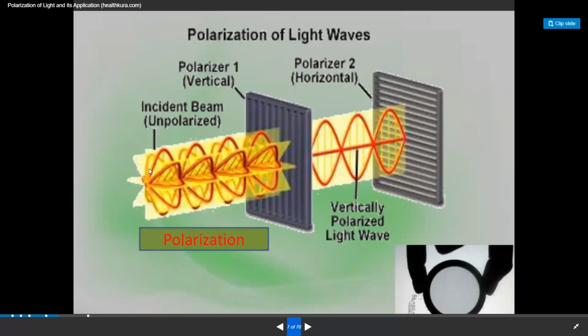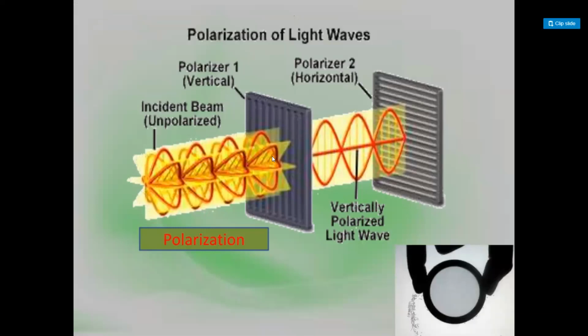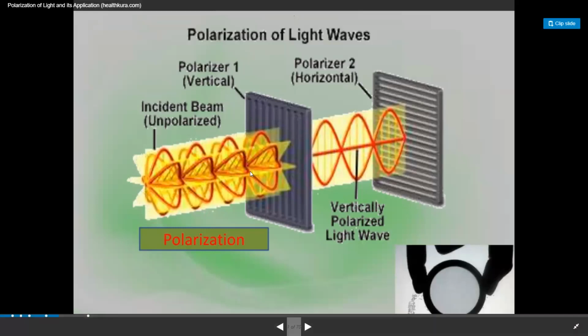Here the light vector, that means the electric vector, vibrates in all directions. So whenever they enter the polarizer, the polarizer material is generally calcite crystal, tourmaline crystal, etc. It filters all the directions and only emits vertically polarized light.